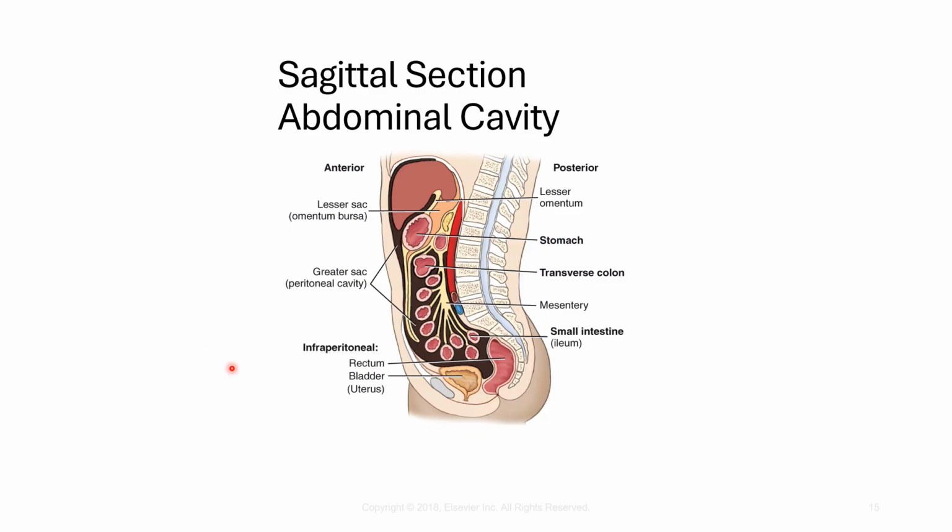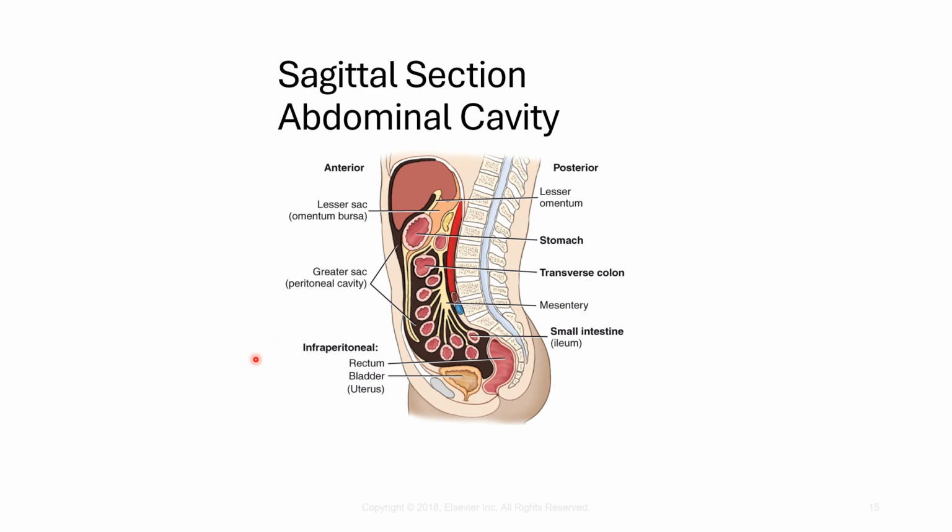So infraperitoneal means they lie below the peritoneum. Intraperitoneal are the organs that are within the abdominal cavity, such as the liver, the gallbladder, the spleen, the stomach, the jejunum, the ileum, the cecum, the transverse colon, and the sigmoid colon.